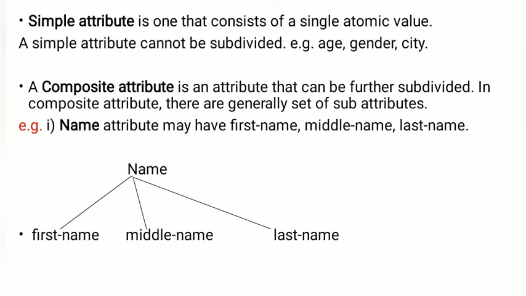Second one is a composite attribute. It is an attribute that can be further subdivided. In a composite attribute, there is generally a set of sub-attributes. The best example here is the name of a student. The name attribute may have first name, middle name and last name.